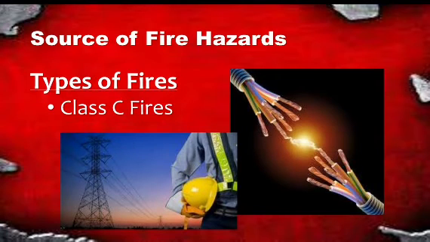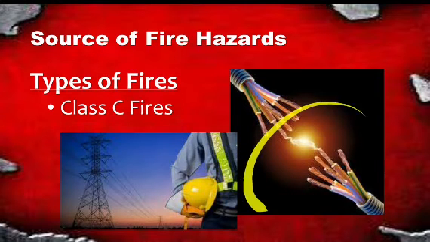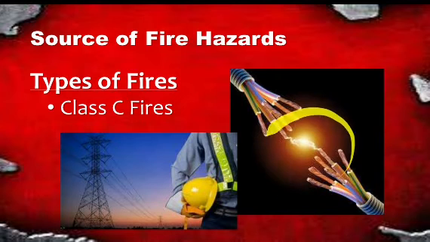Next is a type of fire wherein ang source niya is from electrical shocks, sparks, or mis-circuit. Nakikita natin to, diba, pag brown out. The reason why we get brown out is because there is an electric short circuit nga ginatawag nila, diba?